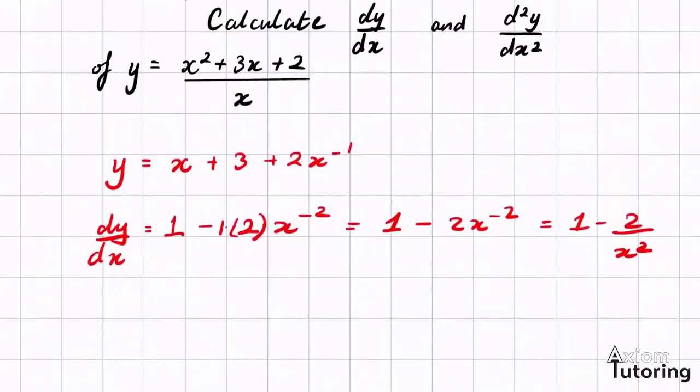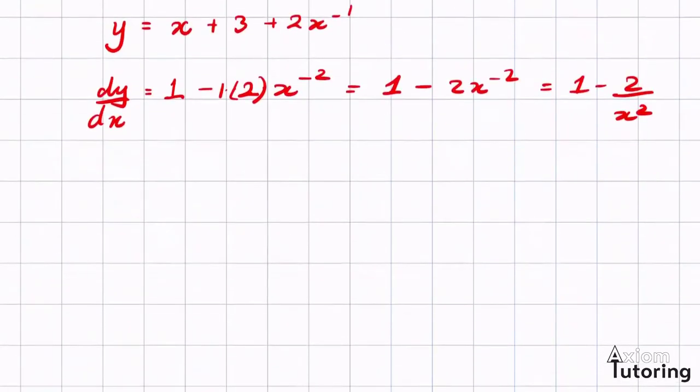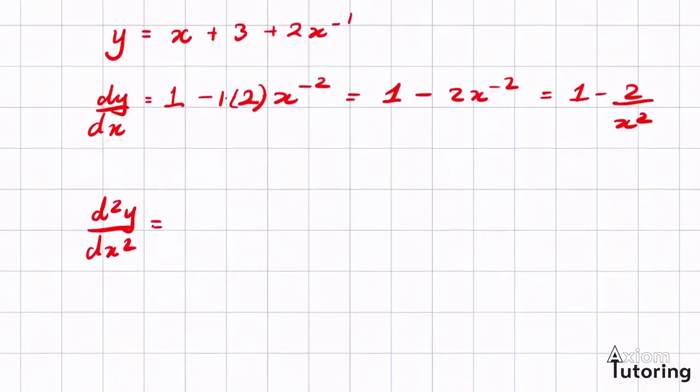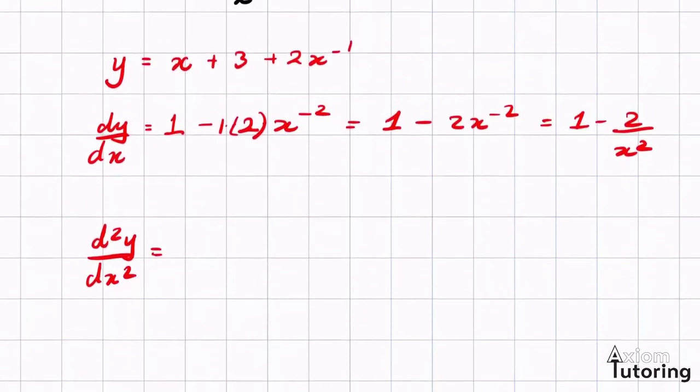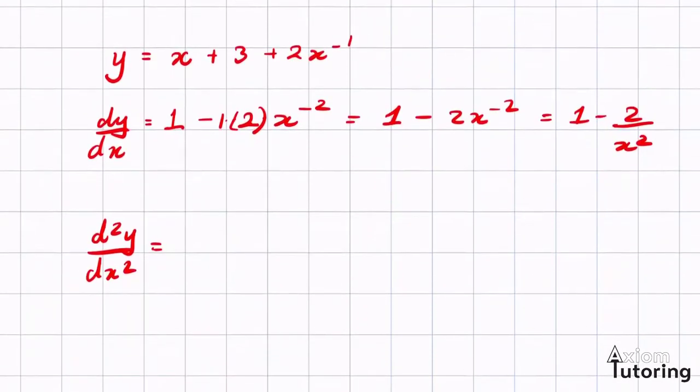And now we want d squared y over dx squared. So we want the second derivative. So the easiest way to do that is to differentiate the first derivative. So if we're doing d squared y over dx squared, that's the same as doing d over dx of dy over dx.